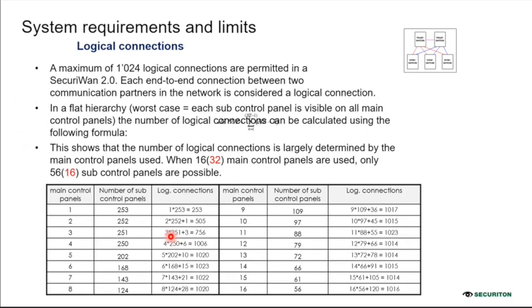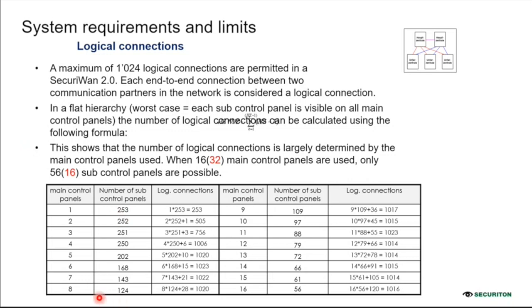Here in this chart, you can see the combination of nodes on the SecuriWan. For example, if I have one main control panel, I can have up to 253 sub-control panels.